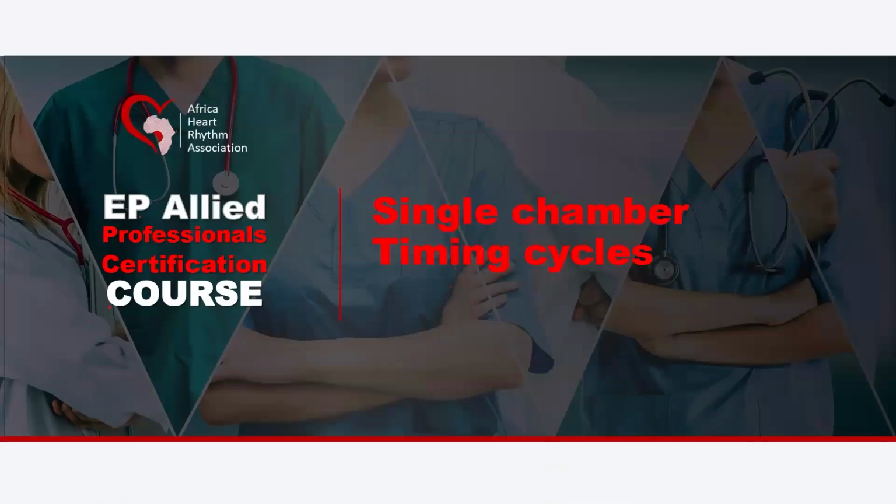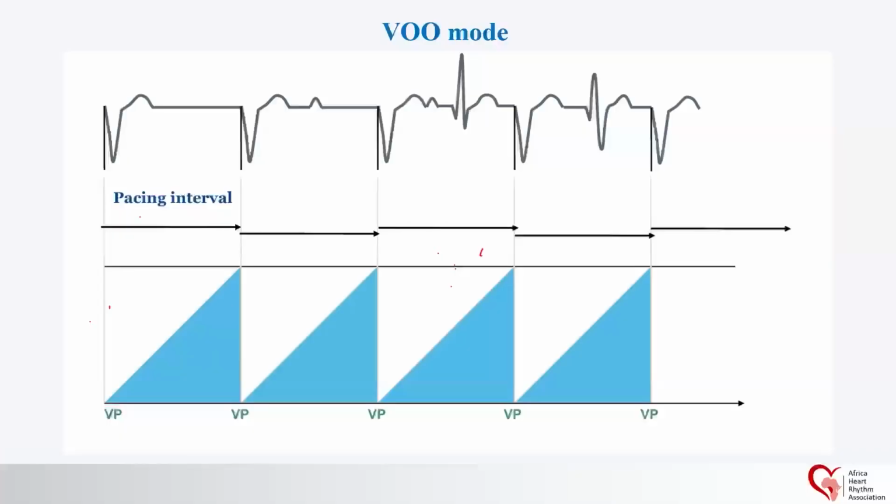We need to understand these timing cycles in single chamber and dual chamber pacemakers. For example, let's take a single chamber pacemaker in VOO mode. In this case, we have just a timer, just a counter. We call it the pacing interval.